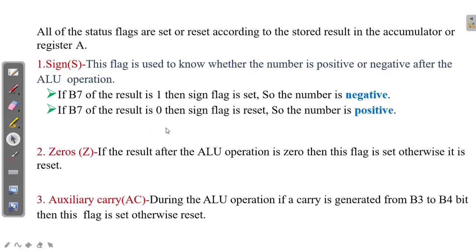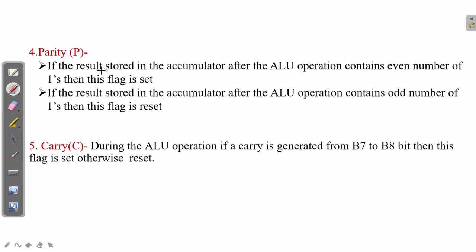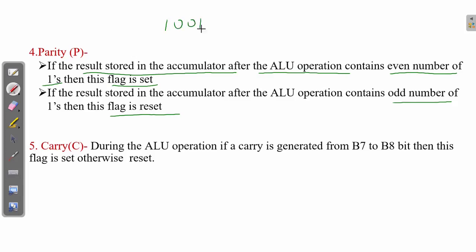Based on that, it's written here that if the result stored in the accumulator after the ALU operation contains an even number of ones, then the flag is set. And vice versa, if the number of ones is odd, the flag is reset. Now I'm showing you some results and you tell me whether the parity flag will be set or reset.